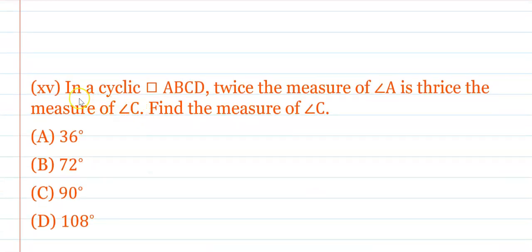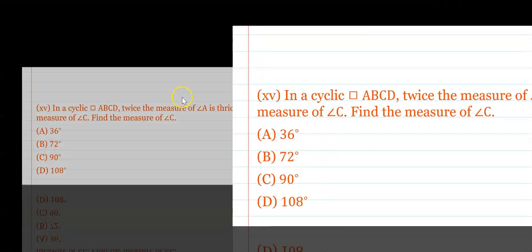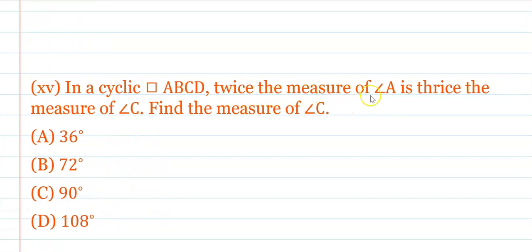Now next question. In a cyclic quadrilateral ABCD, twice the measure of angle A is thrice the measure of angle C. In a cyclic quadrilateral, the sum of opposite angles A plus C is equal to 180.